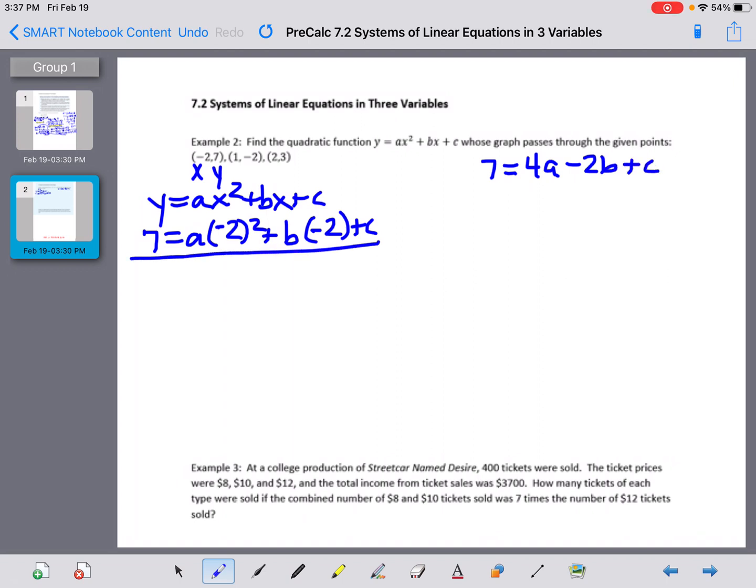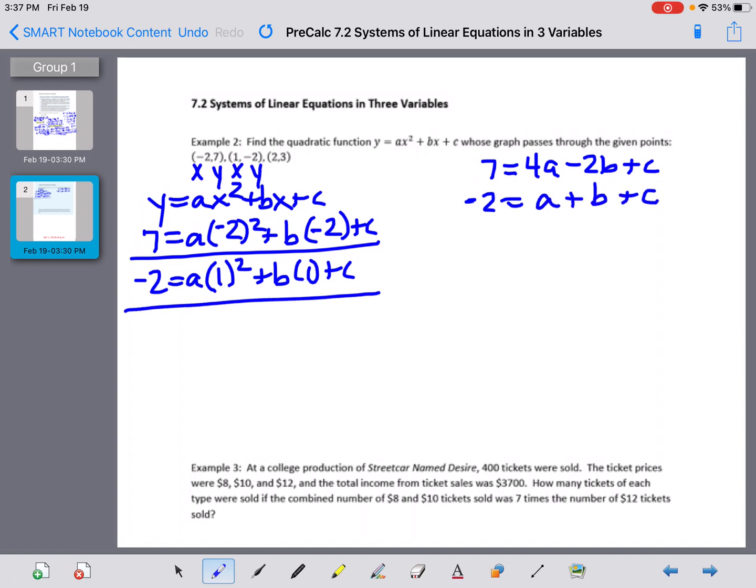Okay, that's equation 1. For equation 2, for every x, I'm plugging in a 1, and for every y, I'm plugging in negative 2. So I get negative 2 equals a times 1 squared plus b times 1 plus c. And that gives me the equation negative 2 equals a plus b plus c.